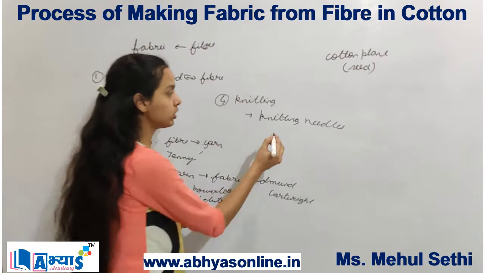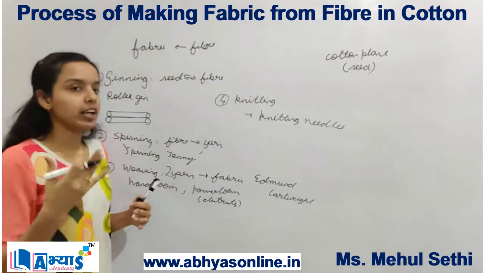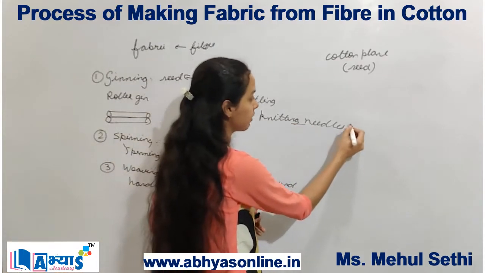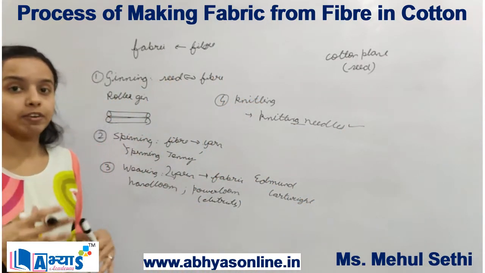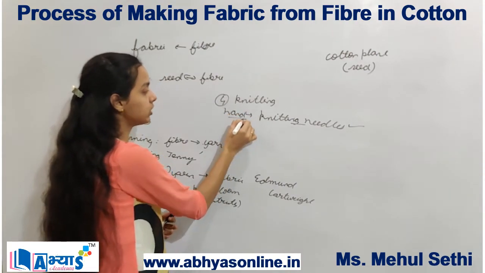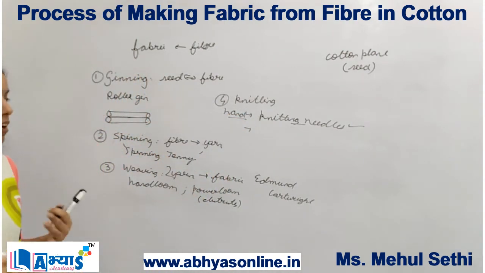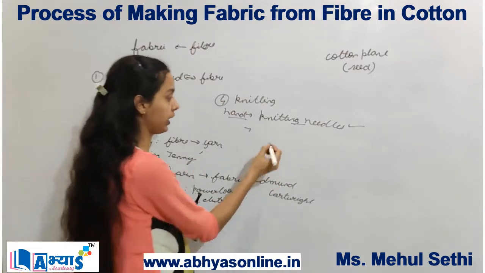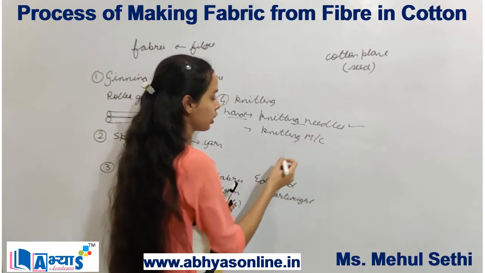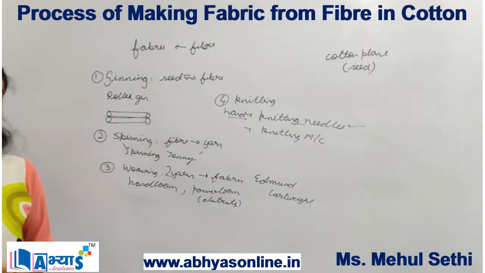Knitting can be done on a small scale or a large scale. For small scale we have knitting needles, but for large scale we cannot always use needles operated by hand, so nowadays we have knitting machines available.